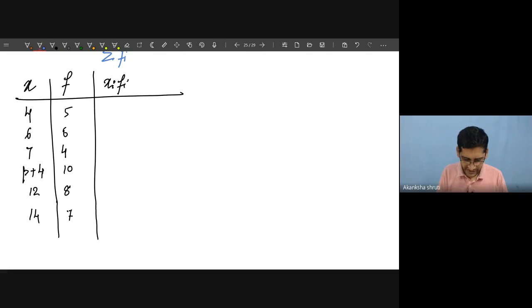Students, from this given data, very first we need to calculate the summation of fi. Add it. You will get 5 plus 6 is 11, plus 4 is 15, plus 10 is 25, plus 8 is 33, plus 7 is 40.